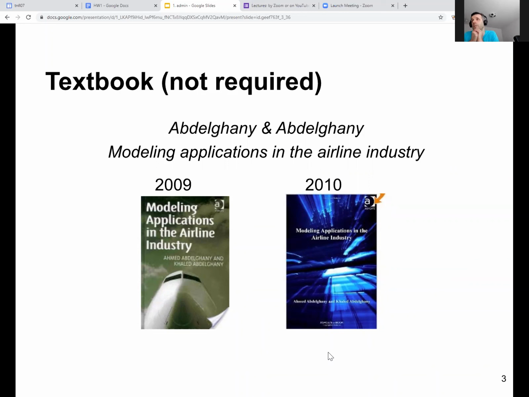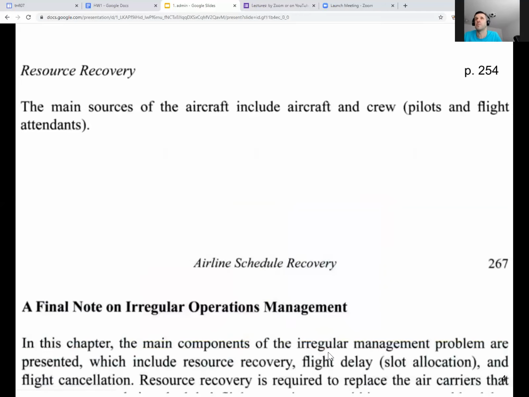If anybody has the 2010 edition, in class I usually ask to bring the new edition to me so that I could look at it, but I guess now it's less relevant. Nobody ever showed me the 2010 edition. So if there is any reference to any edition of the book that I have, it's from 2009.